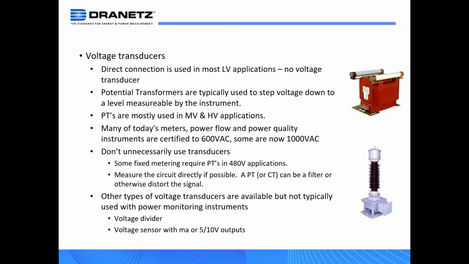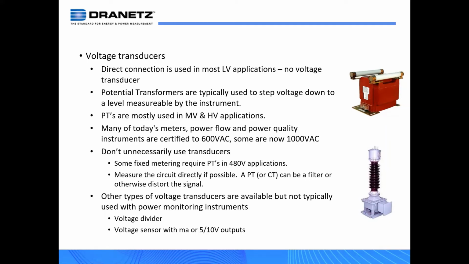Some instrumentation will go up to 1,000 volts direct connect, but most are 600 volts. So no PT, no voltage divider, no transducers are needed for direct connect, and that's probably the recommended scenario.